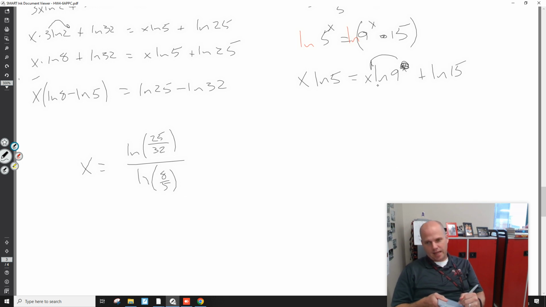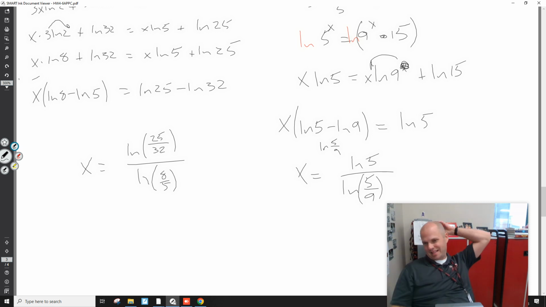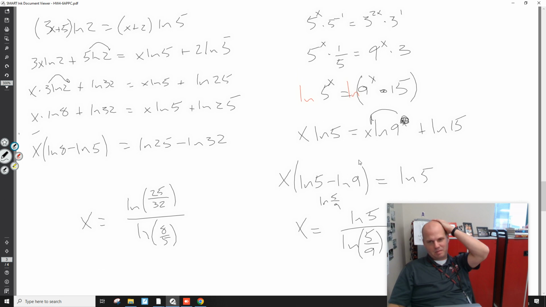Subtracting this many x's from both sides, I have log 5 minus log 9 x's on the left side. I have log 15. I'm going to divide. This is the log of 5/9. I got log 5 divided by log of 5/9. I kind of like that. It's just maybe easier.